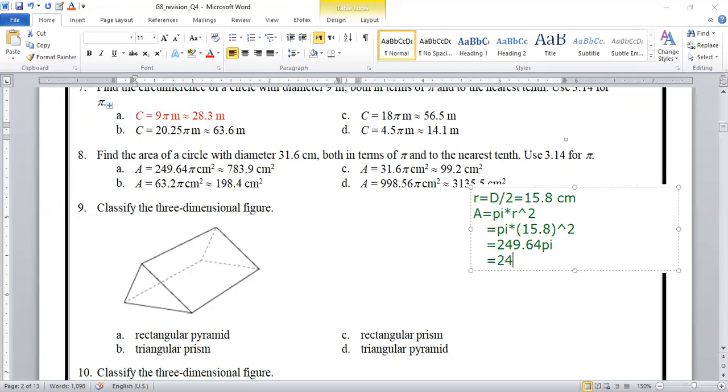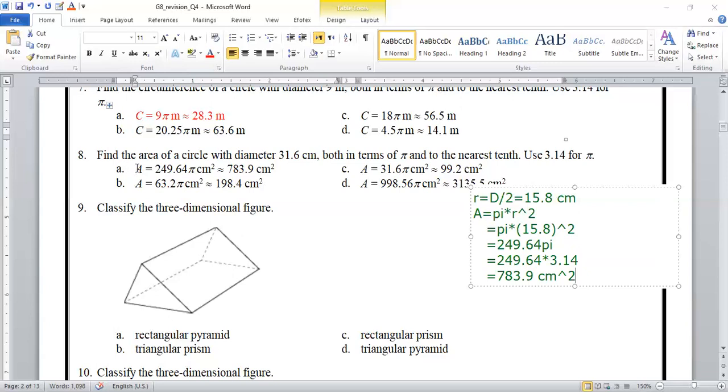Then substitute pi with 3.14 in 249.64 pi, and we obtain the value of the area: 783.9 centimeters squared. The unit of area is centimeter squared, or meter squared, or feet squared.